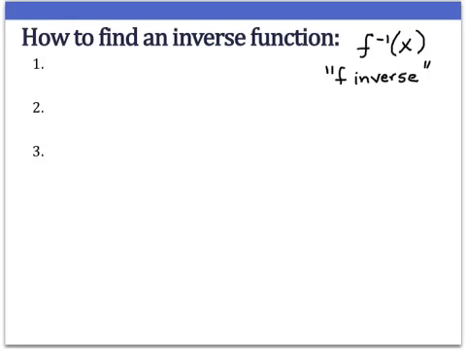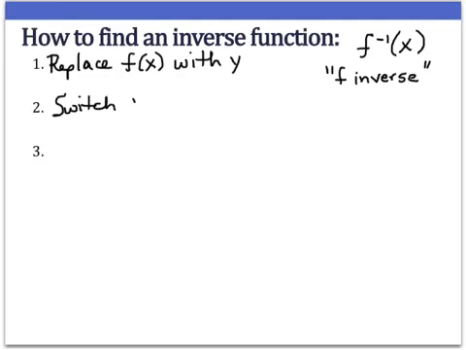The first thing you're going to do is replace f of x, or whichever function notation you're using, with y. Second thing we're going to do is switch x and y. And the last thing is we will solve for y, and that gives us f inverse.